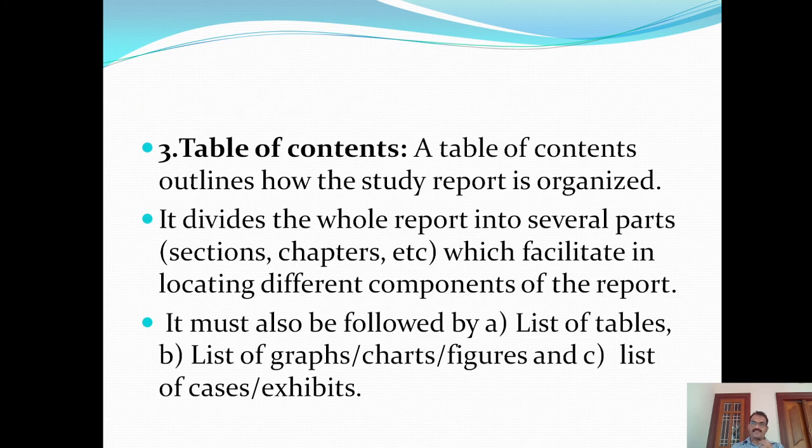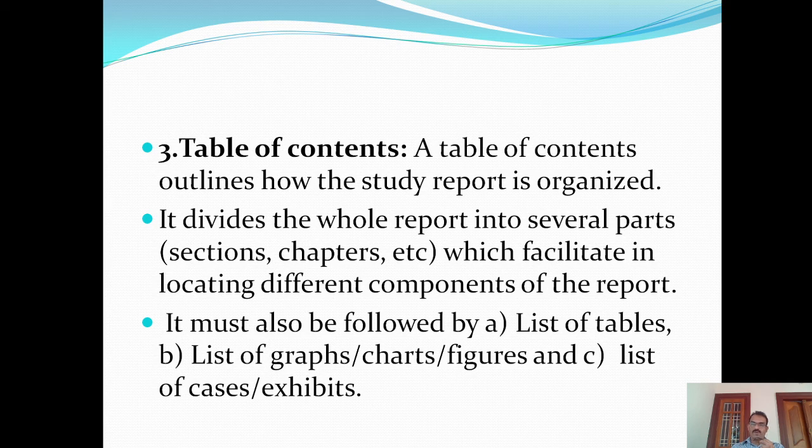Table of contents. A table of contents outlines how the study report is organized. It divides the whole report into several parts, sections, chapters, etc., which facilitate in locating different components of the report.